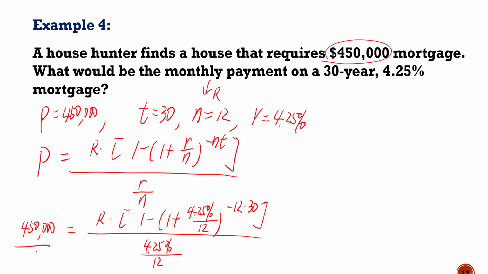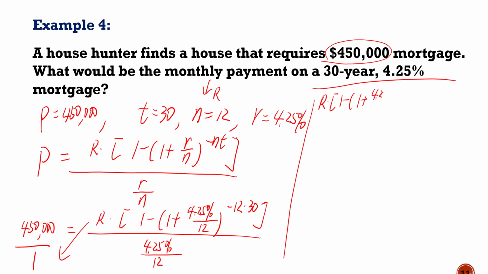Similarly, I make it a proportion and cross multiply. So this goes to the left: R times the square bracket of 1 minus 1 plus 4.25% over 12 raised to negative 360 power. And the right is 450,000 times 4.25% over 12.